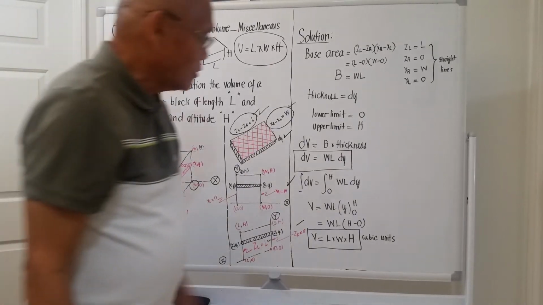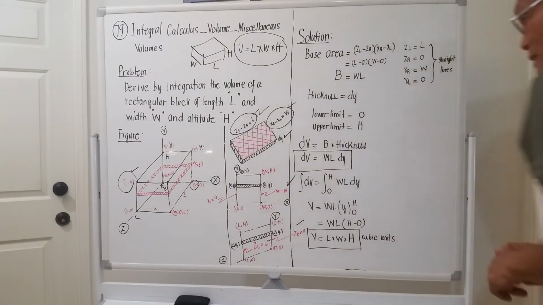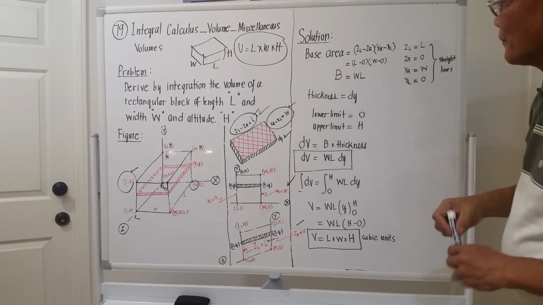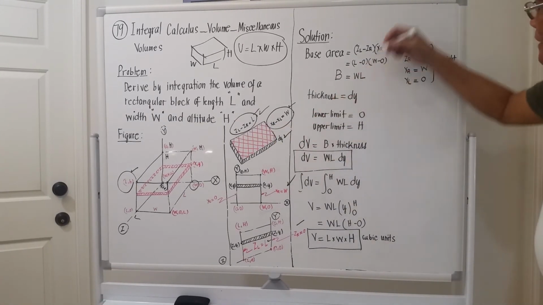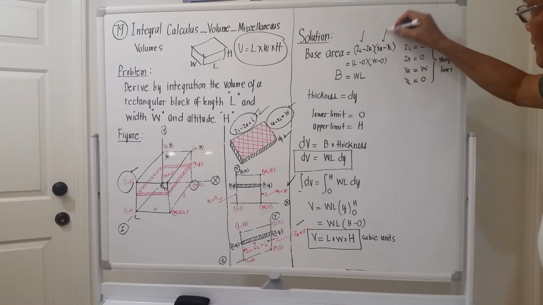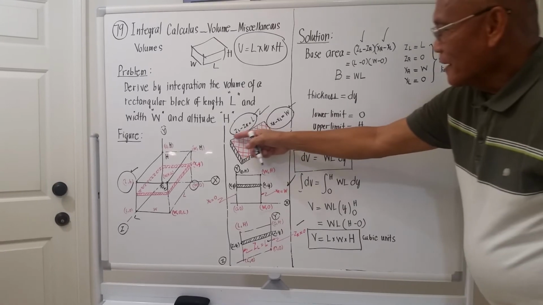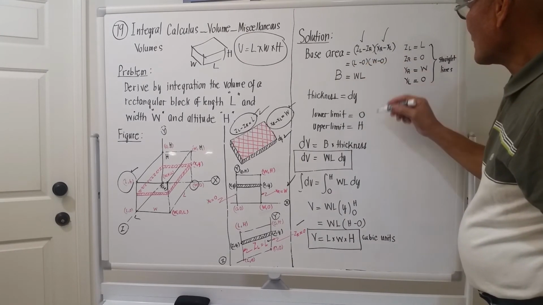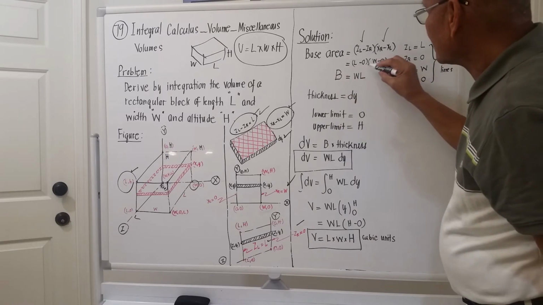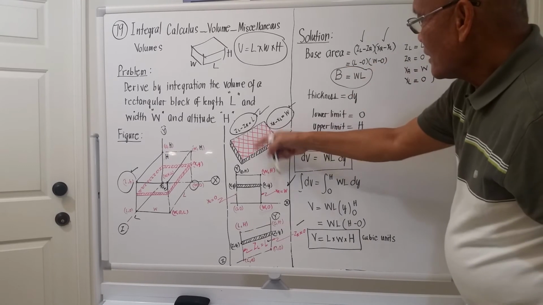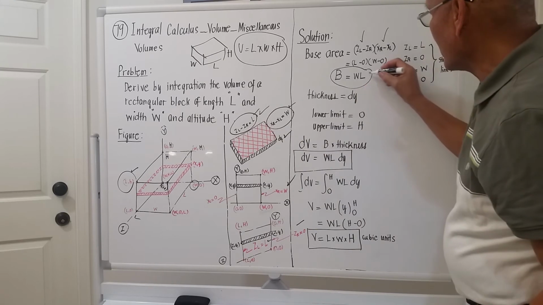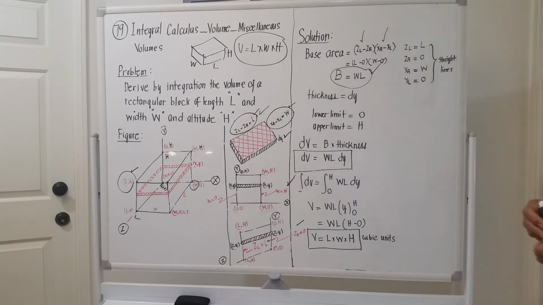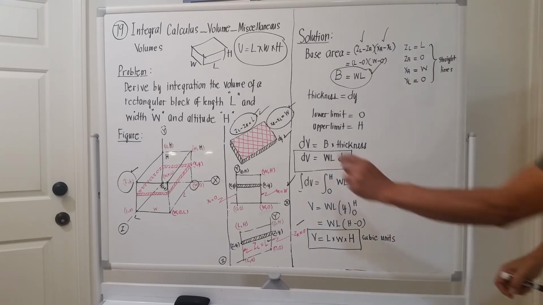Okay, let's try to solve the base area. The area of the cross-hatch in red is the base area. As you can see, it is the product of CL minus CR times XR minus XL. Length times width, or L minus 0 times W minus 0. The area of the cross-hatch in red is actually WL. And what is the thickness? Thickness is dy.